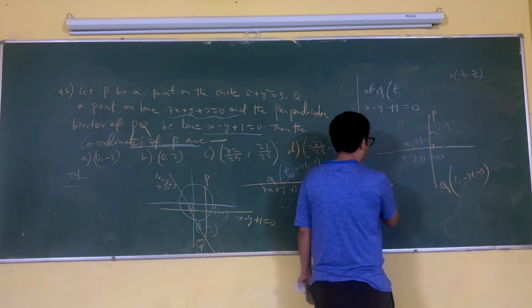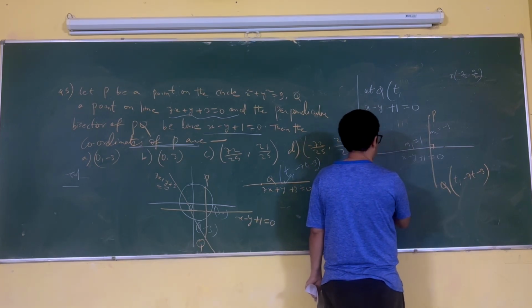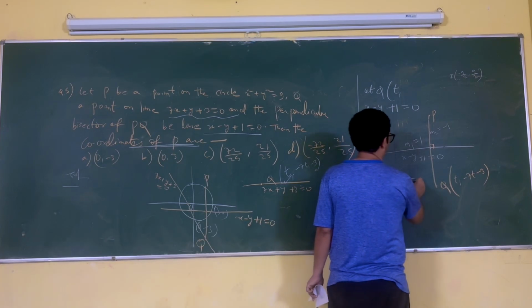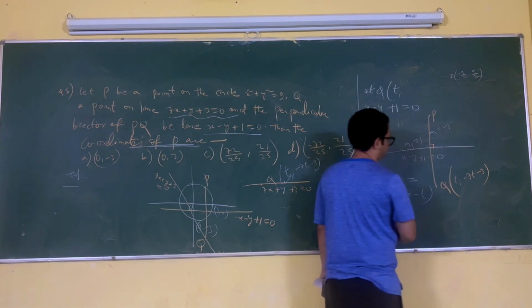y minus y1, y1 means you can take your t plus 3, correct? Is equal to minus 1 times x minus t, correct?